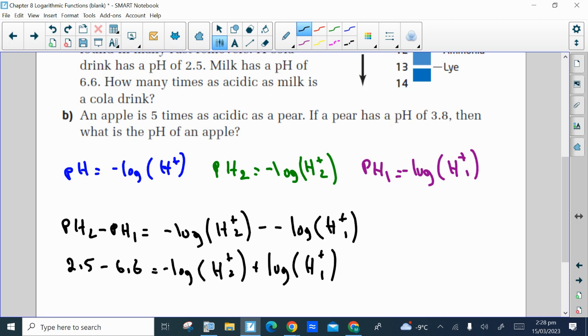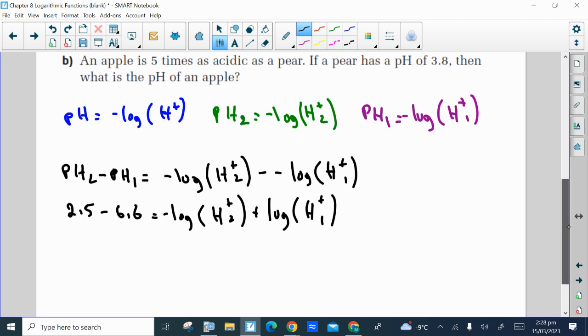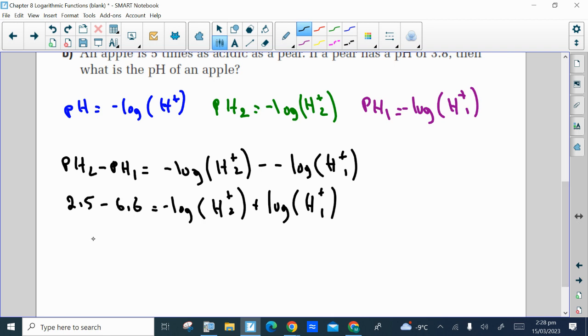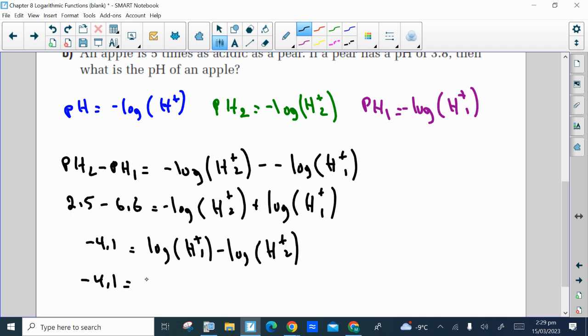And then probably what we'll do here is, well, on the left side, 2.5 take away 6.6 is negative 4.1. And on the right side, if we rearrange those terms to put the positive 1 first, just rearrange them. Now we'll introduce our quotient law.